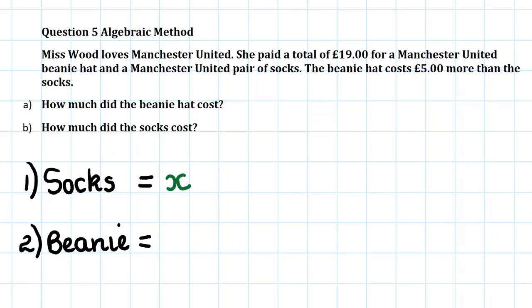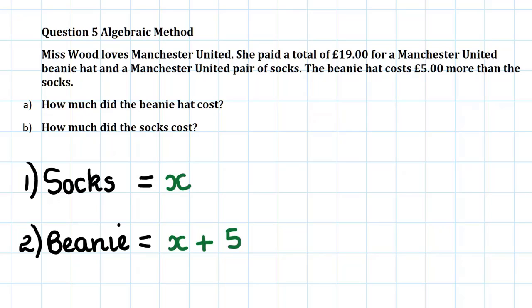So let's have a look at the question. The beanie hat costs £5 more than the socks. So it's the price of the socks, x, plus 5. £5 more than the socks. So it is x plus 5.